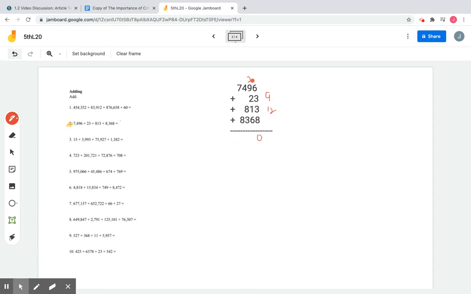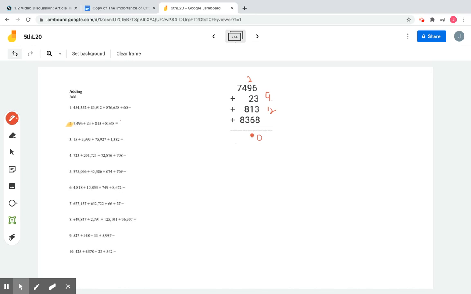So let's add the numbers in tens place. So we're going to add 6 plus 1 plus 2 plus 9 and plus 2. So 6 plus 1 is 7, and 7 plus 2 is 9, and 9 plus 9 is 18, and 18 plus 2 is 20.